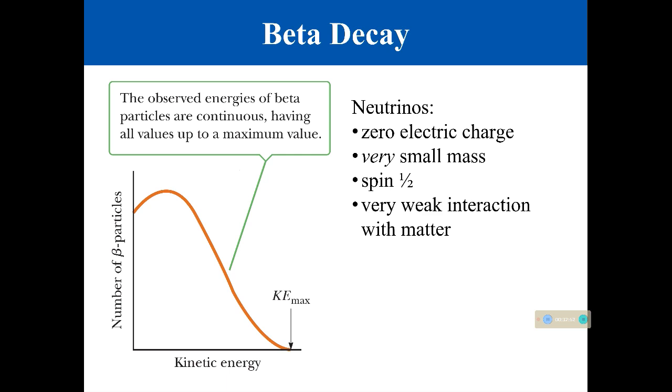Recent experiments suggest that neutrinos definitely have mass, but the value is currently unknown, approximately less than 1 eV/c squared. It has a spin of 1/2 and a very, very weak interaction with matter, making it extraordinarily difficult to detect.